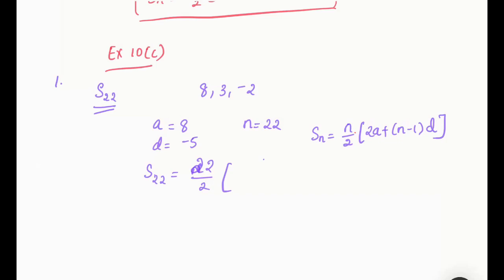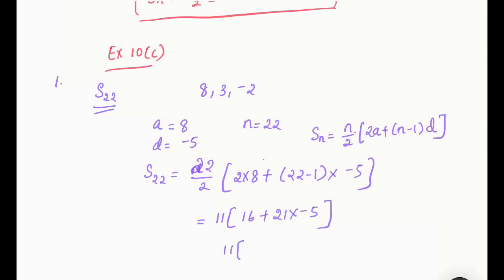22 by 2 into (2 into 8 plus (22 minus 1) into minus 5). That is 11 into (2 8s are 16 plus 21 into minus 5). 11 into (16 minus 105).